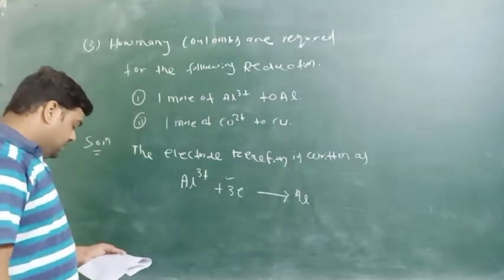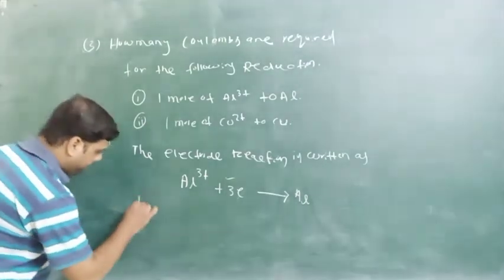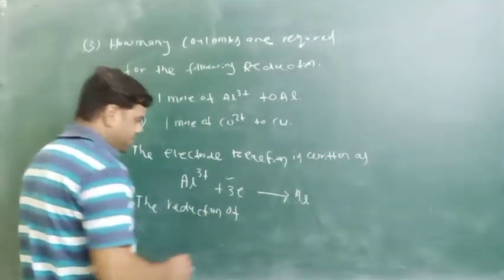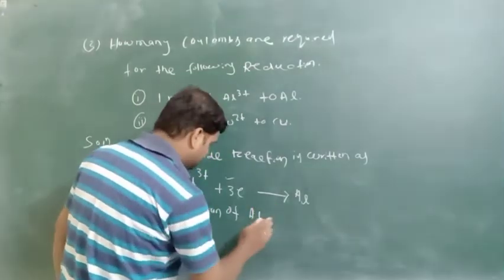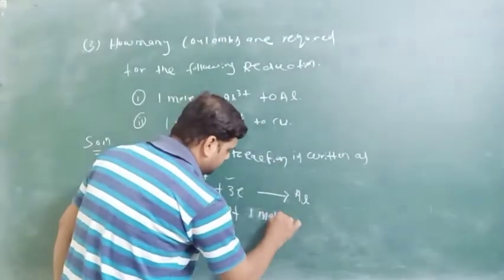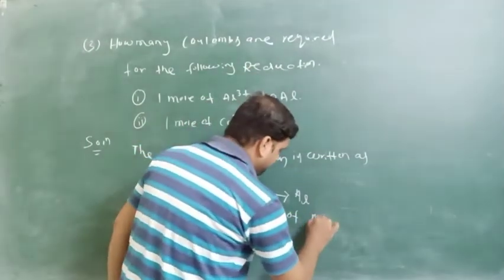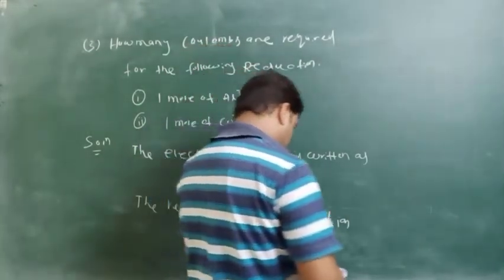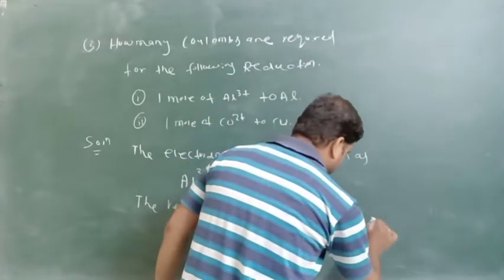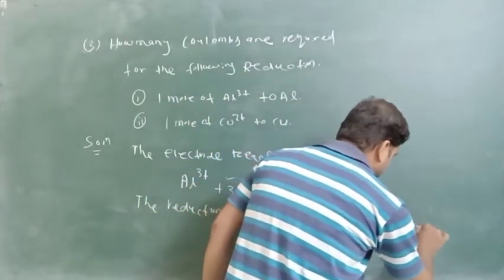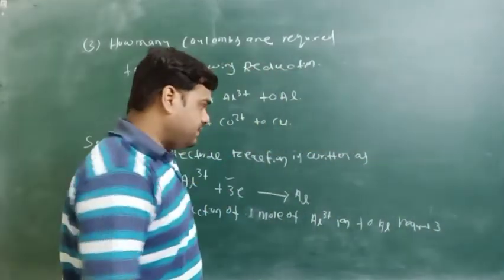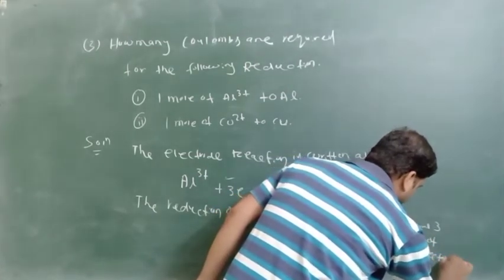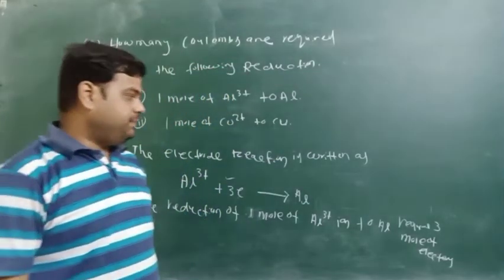So we will write: the reduction of 1 mole of Al3+ ion to Al requires 3 moles of electrons.